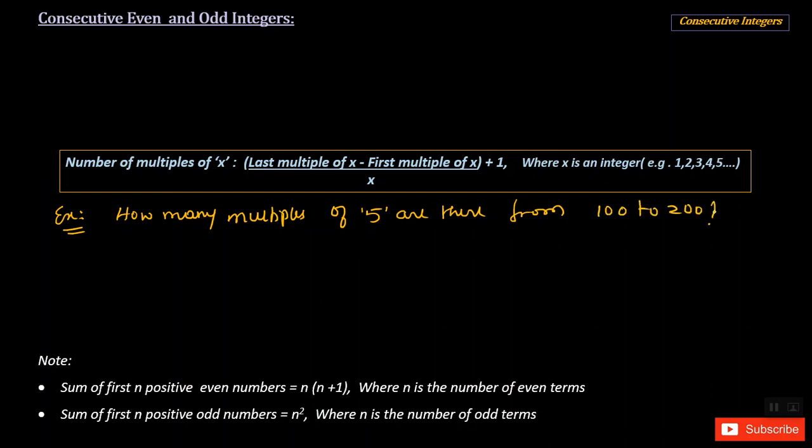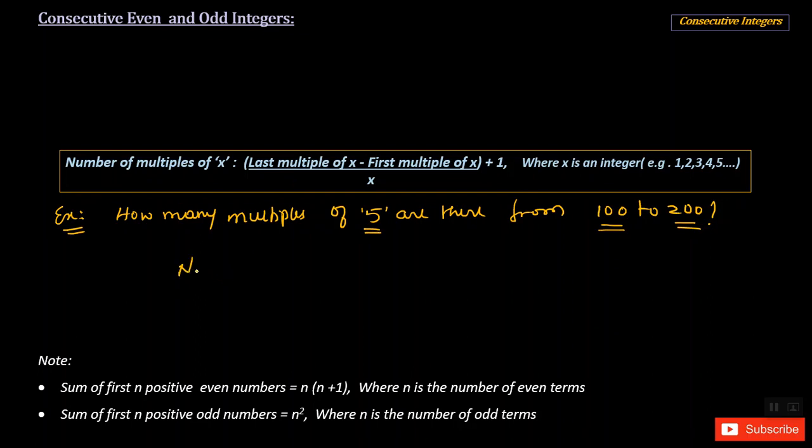The question is how many multiples of 5 are there from 100 to 200. Look at, the first number is also multiple of 5 and the last number is also multiple of 5, like 100, 105, 110, 115 and so on. How many are there from 100 to 200? That is, in this case now we are finding the number of multiples of 5. So if you replace x with 5 here, so what do you get?